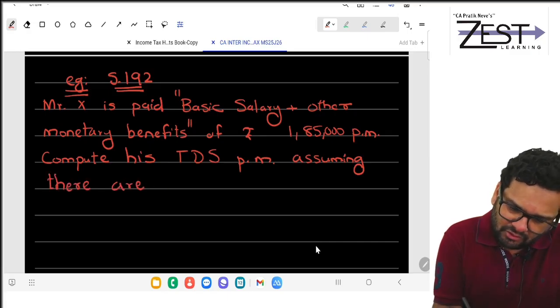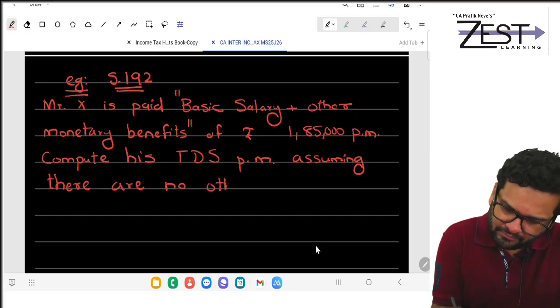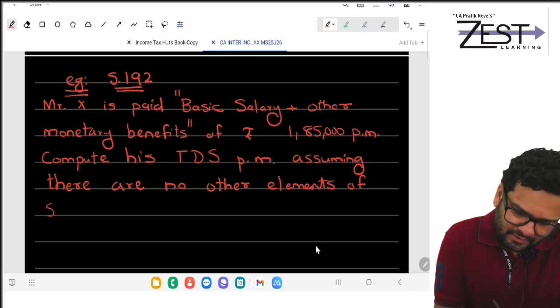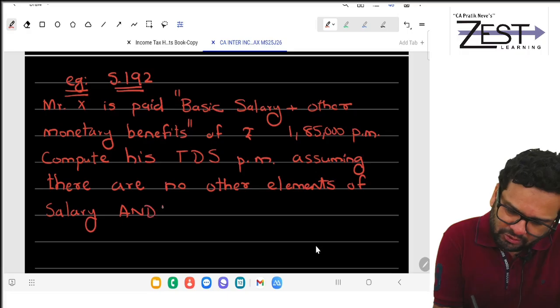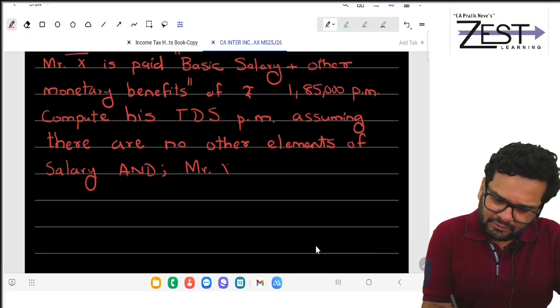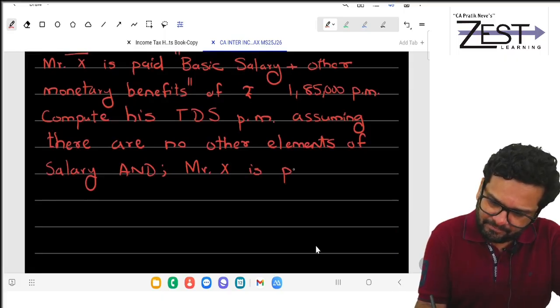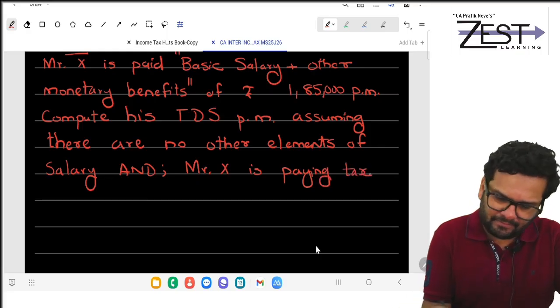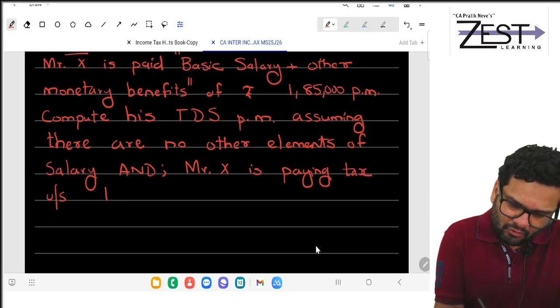There are no other elements of salary. And I want to tell you one more thing: Mr. X is paying tax under section 115 BAC.